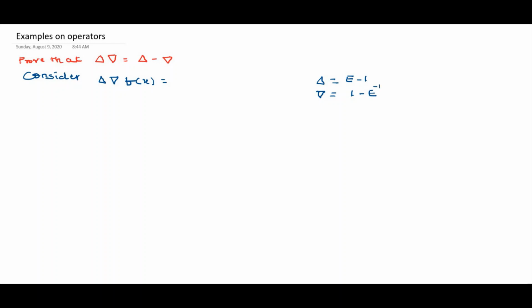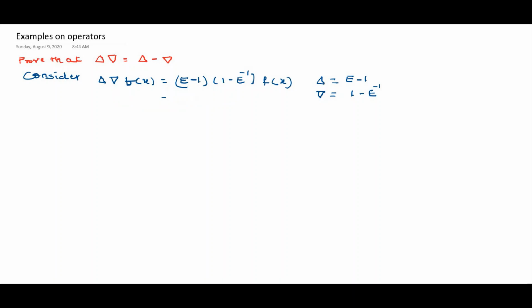So now we have to substitute the values: delta is equal to e minus 1 and del is equal to 1 minus e raised to minus 1, into f of x.